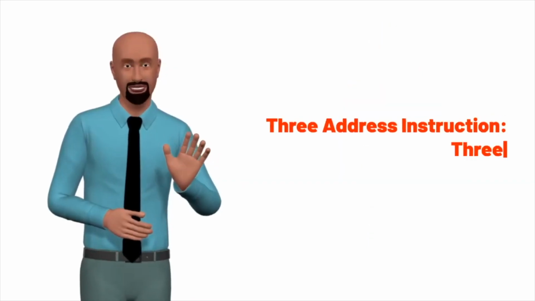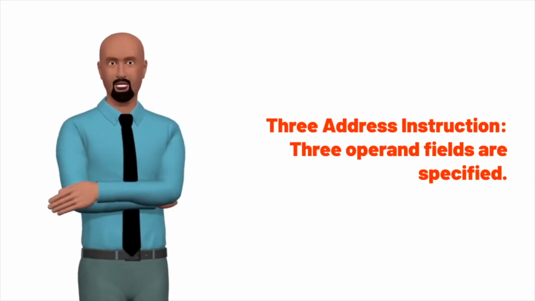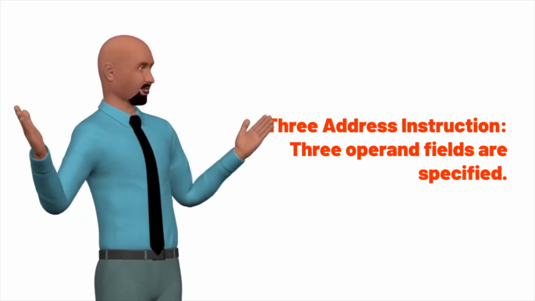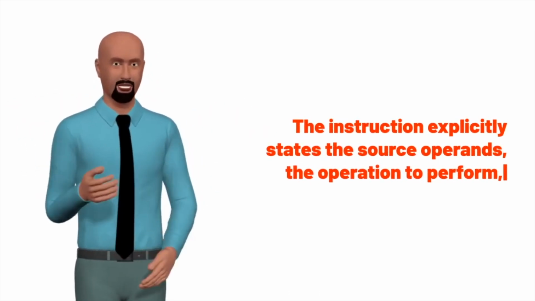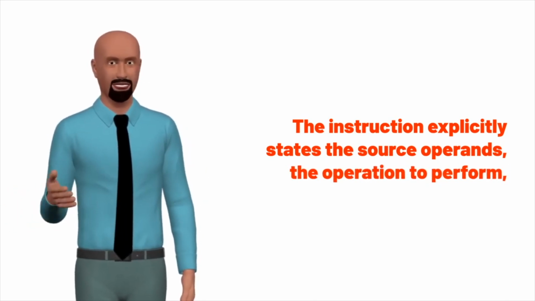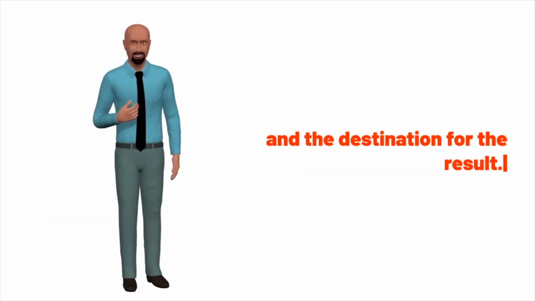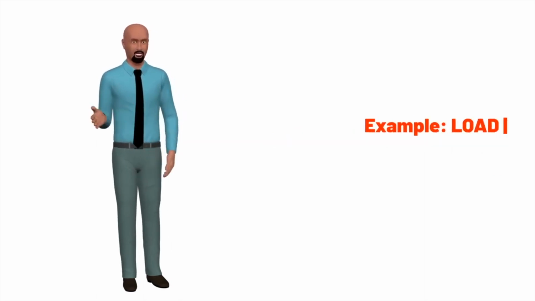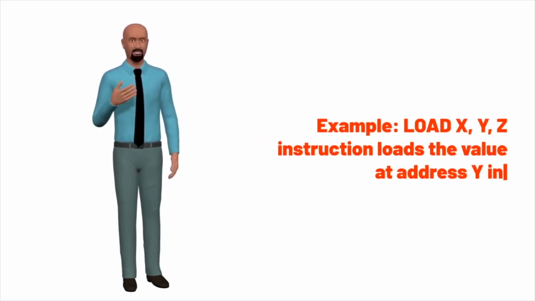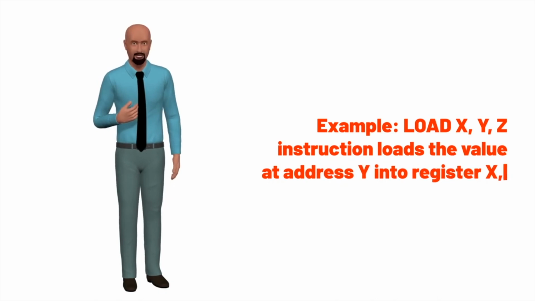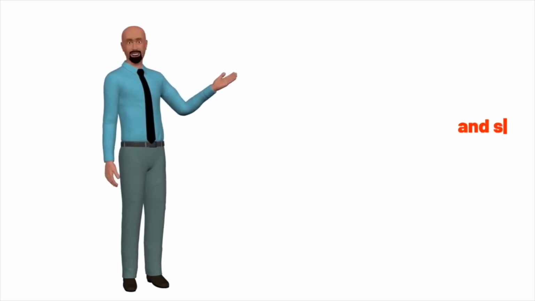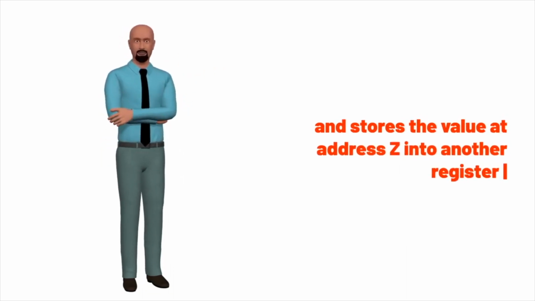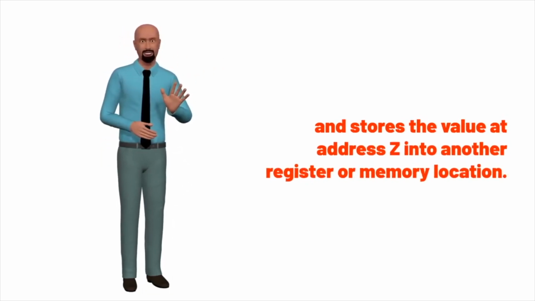3 address instruction, 3 operand fields are specified. The instruction explicitly states the source operands, the operation to perform, and the destination for the result. Example: load X, Y, Z instruction loads the value at address Y into register X, and stores the value at address Z into another register or memory location.